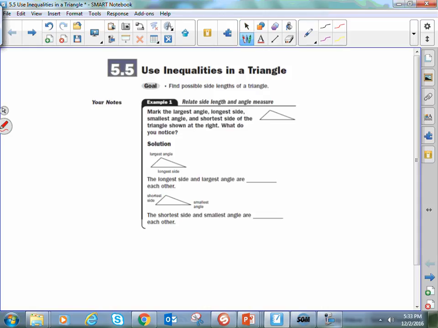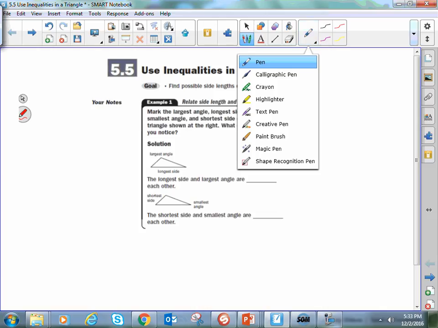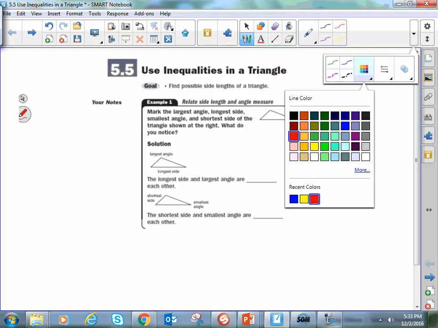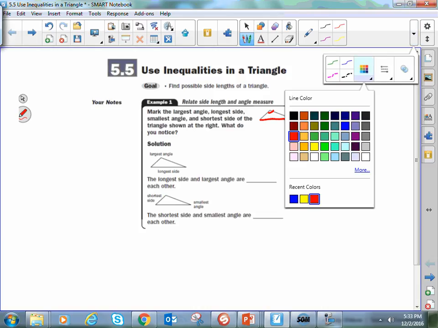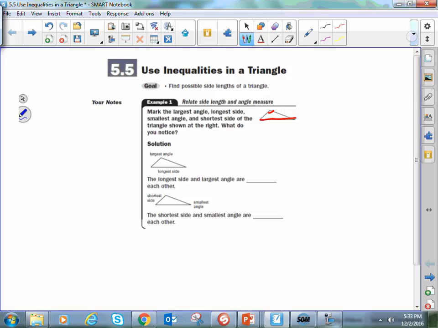I can accept what I'm going to see here is true without really having somebody to explain to me why it's true. Okay, so let's look at the largest angle. So here's the largest angle and here is the largest side. Okay, let's go to the next one. Let's actually look at the smallest one. So the smallest angle looks like it's this guy right here, and the smallest side is that guy right there.